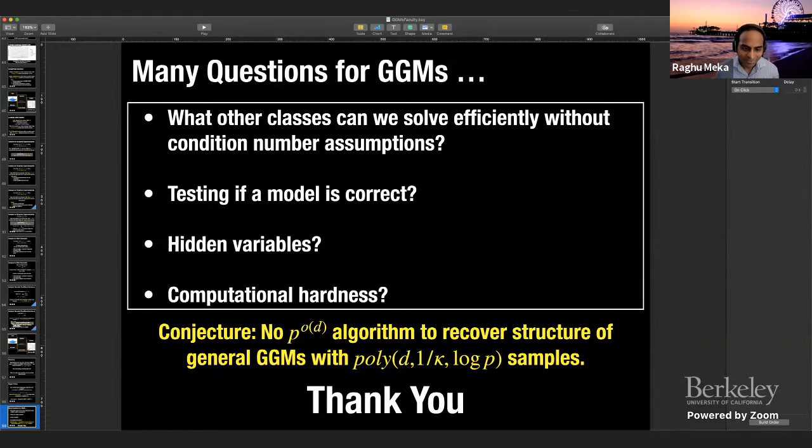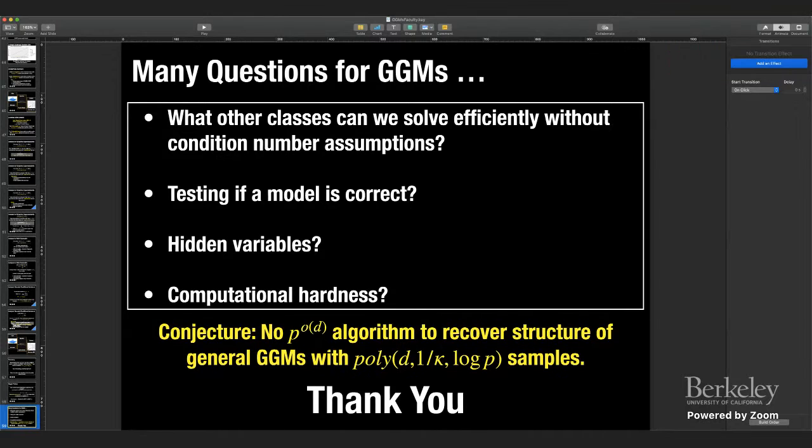My conjecture, or maybe I should even just say question, is that there is no p to the little o of d algorithm which would recover the dependency graph, given only polylogarithmic in p samples, where the dependence on degree d is polynomial in d and polynomial in 1 over kappa.